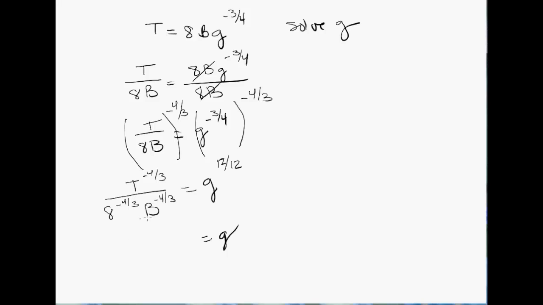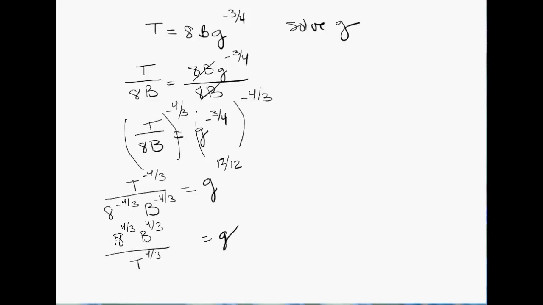So what we're going to do is get the reciprocal. This left side basically gets flipped and our exponents become positive. So this becomes 8 to the 4/3, b to the 4/3 over t to the 4/3 power.